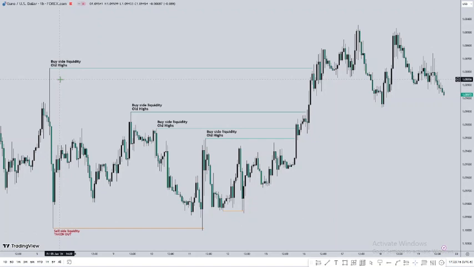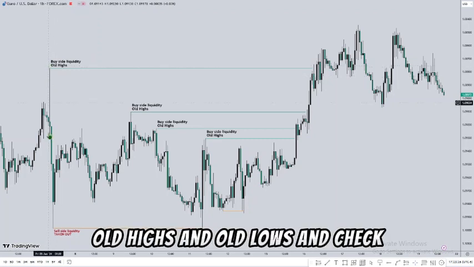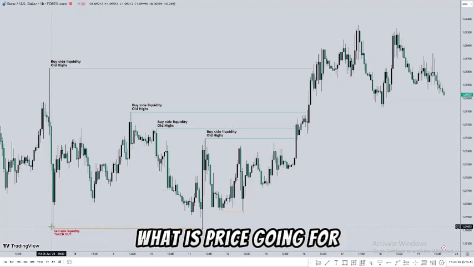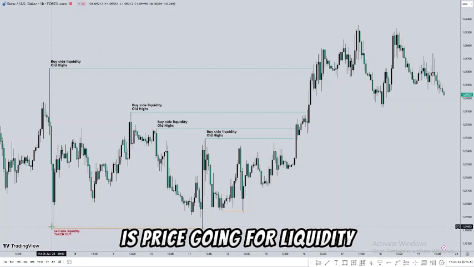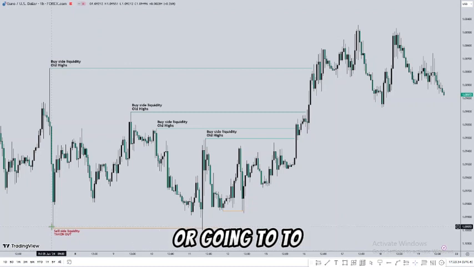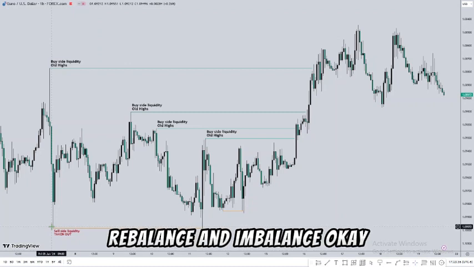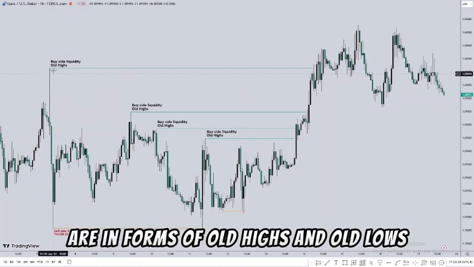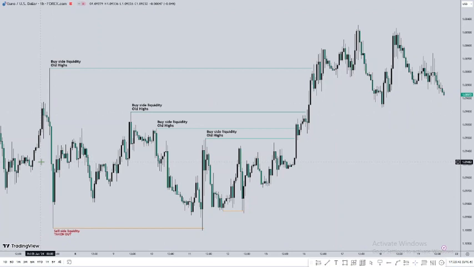But as a technician and someone who wants to read price action, when you come into the chart, you look for the old highs and old lows and check what price is going for. Is price going for liquidity or going to rebalance an imbalance? Okay, now liquidity are in forms of old highs and old lows.